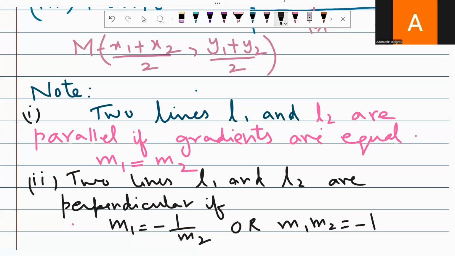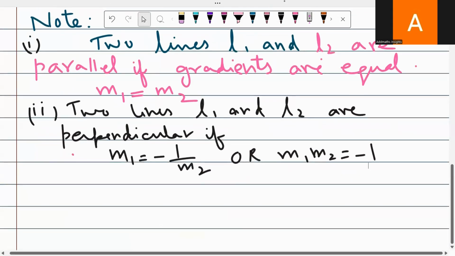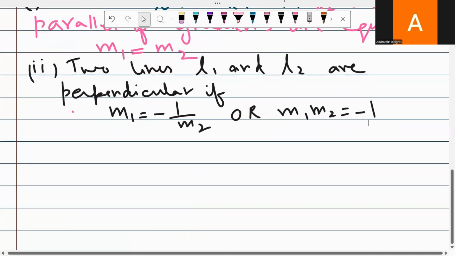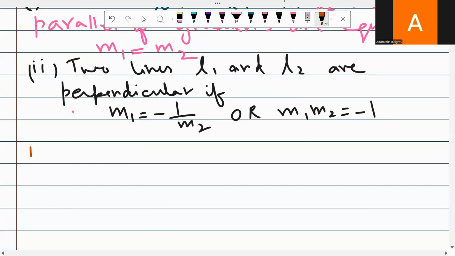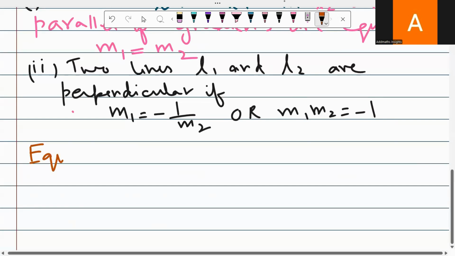And the last one is the equation of a straight line, the general form of equation of a straight line.